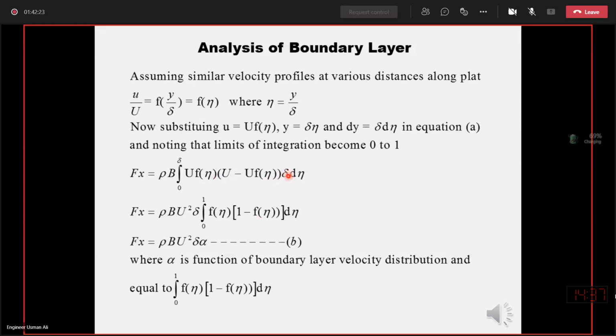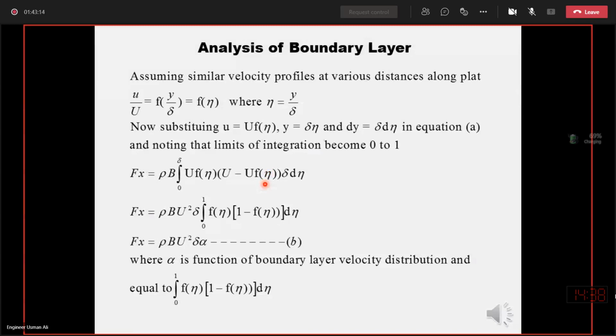Noting that when y approaches del, eta will be 1, the term becomes minus U square into function of eta squared. So U square will be taken out.